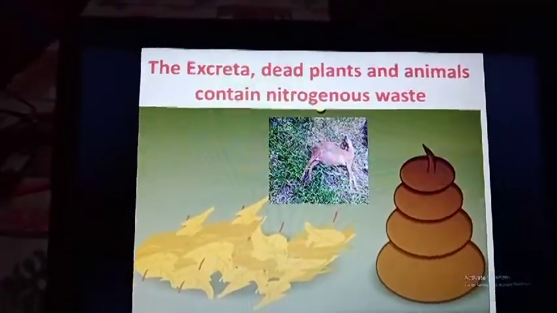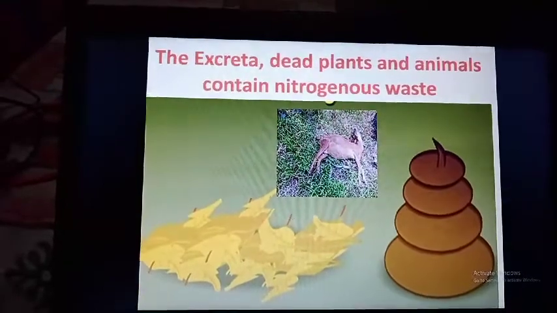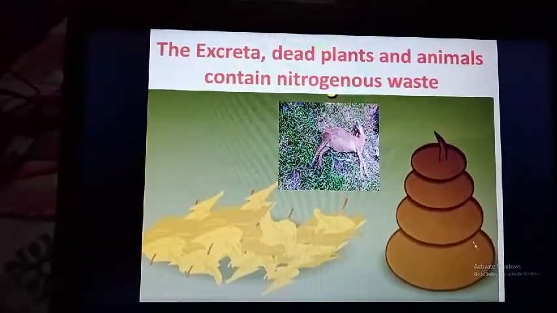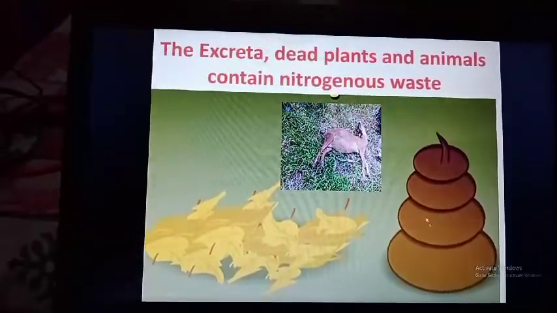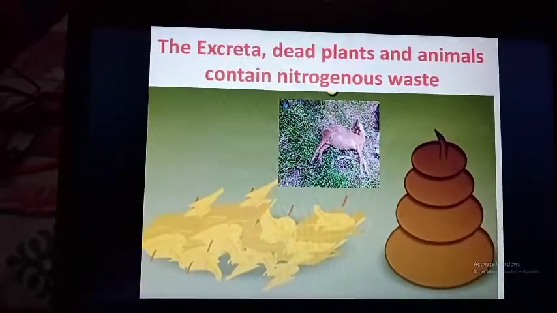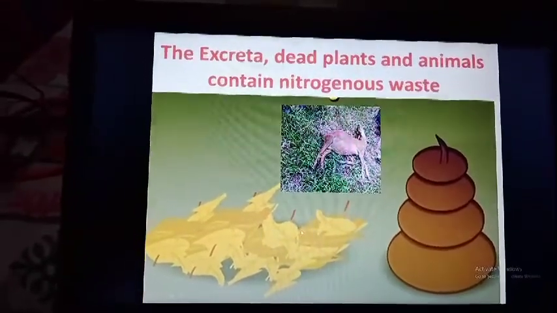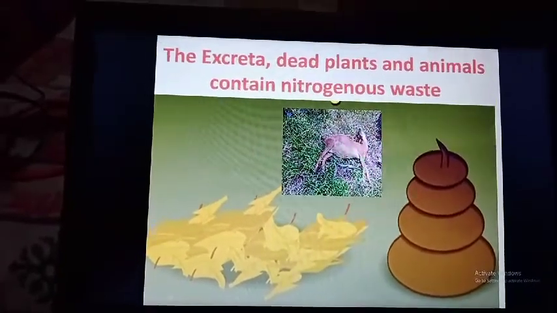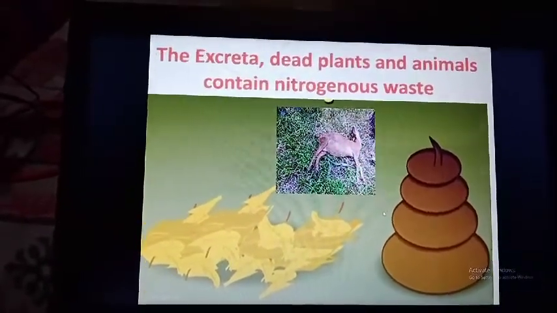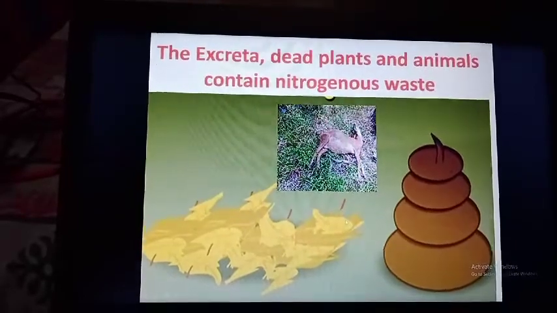When we learned about ammonification, we learned that the excreta of animals and dead animals and plants are decomposed by decomposing bacteria and converted into ammonia.